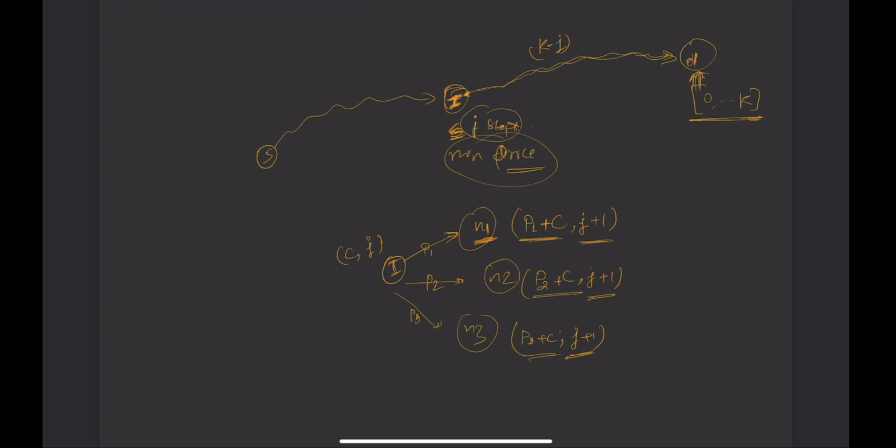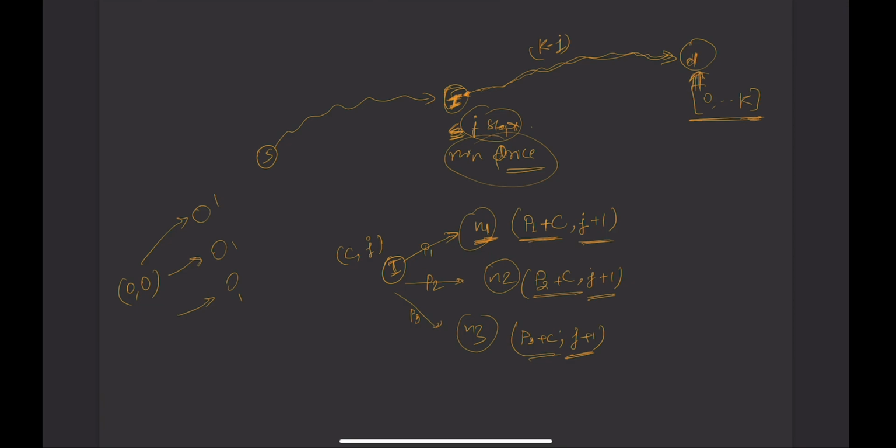From the source, let's start and go to all the neighbors of the source. The source will currently have cost 0 and jump 0. If it goes from here to here, that means one stop. So from the source, it will have only 0 stops, right? It will directly go.